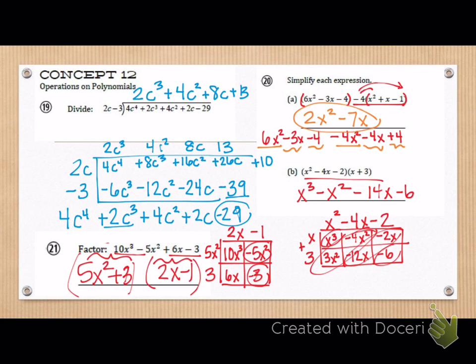And then your remainder is plus 10 over what you used as your divisor, which is 2c minus 3. Is that what that is? 2c, oops. Yeah, 2c minus 3. So this whole thing is your answer.